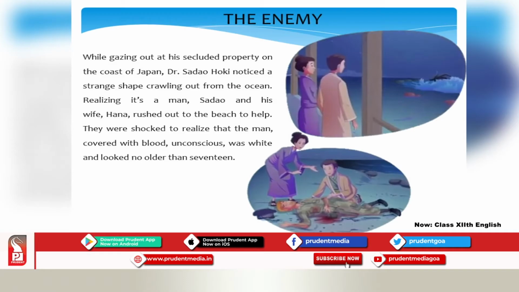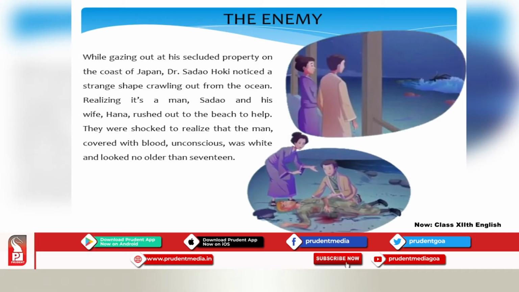Now students, you can see the picture there. There is Dr. Sadao and his wife, and both of them are gazing out, and they can see that there is a shadow, there is someone who is crawling there. So you can understand that these two characters are so very much drifted with humanity that they would not forget to care for the person who is out at the beach, and that is precisely the reason why they rushed.